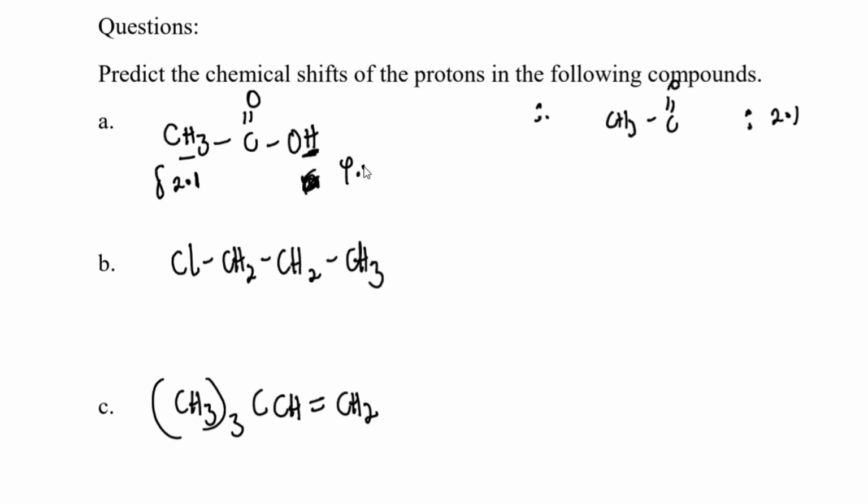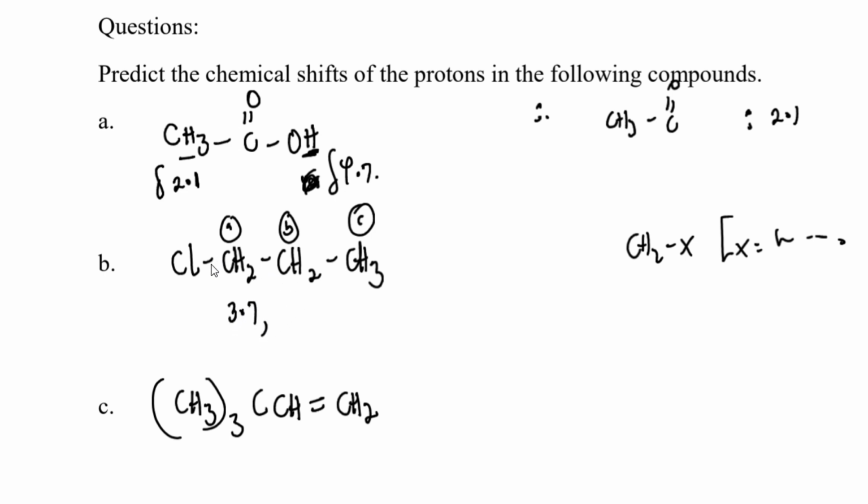Let's call it 4.7. Yeah. So for this as well, how many protons do we have? We have a proton A, another proton A, and another proton A. So this is similar to CH2X, where X is halogen or oxygen, and this will definitely give a value between 3 to 4. So let's give this 3.7.